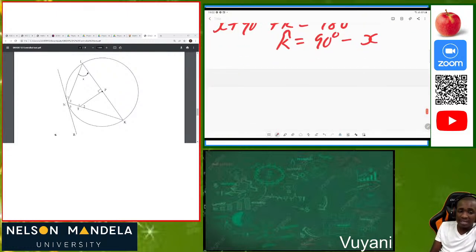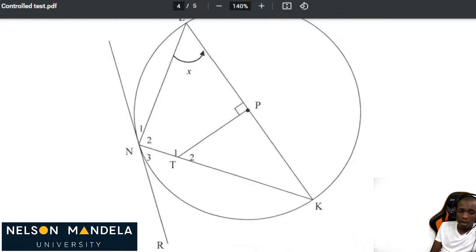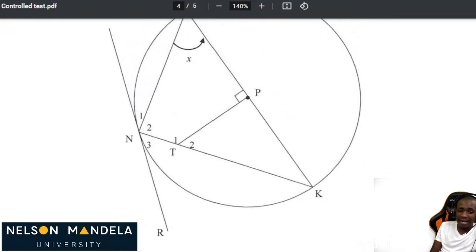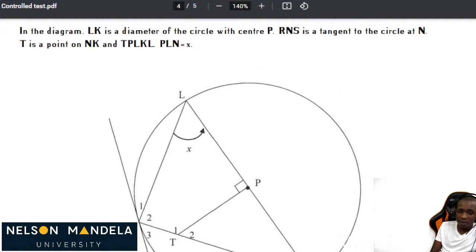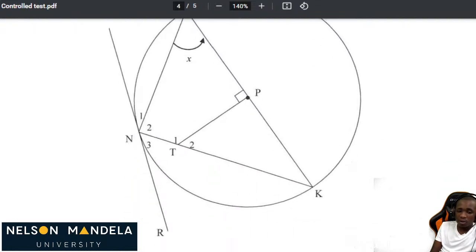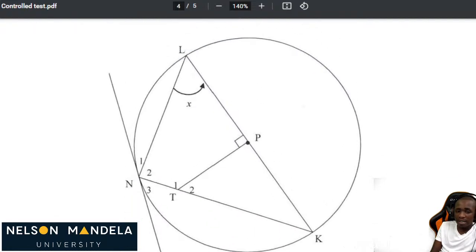And we were also told that RNS is a tangent. So we can see that N1 is equal to K because of the chord NL.